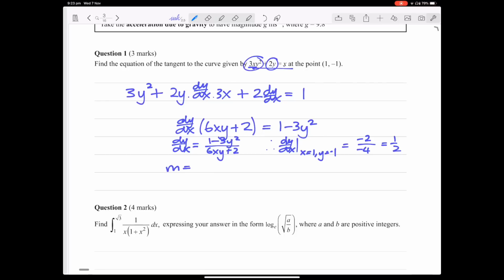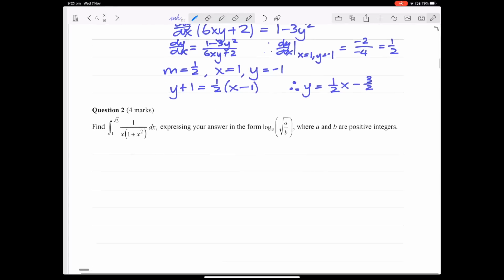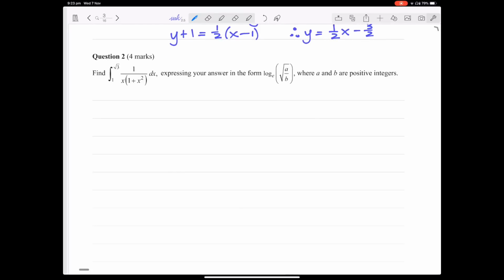So I've got m is a half, x is 1, and y is negative 1. So y plus 1 equals a half (x minus 1). Therefore, y is equal to a half x minus a half minus 1, minus 3 on 2. So that's our equation of the tangent.